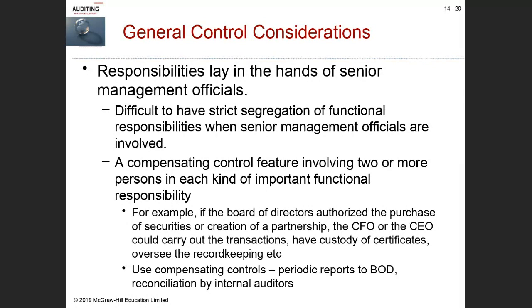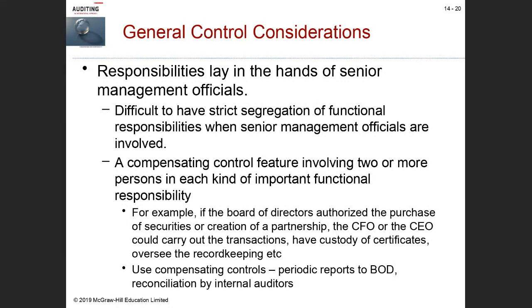You only have one CEO, one CFO, so it's tough to have a strong segregation of duties in order to rely on internal control. Because you don't have that segregation of duties, because the transactions are few in number, and because each one normally is individually material, you don't rely on internal control. Now they state a compensating control might involve two or more persons in each kind of important functional responsibility. So they give us a couple of examples.